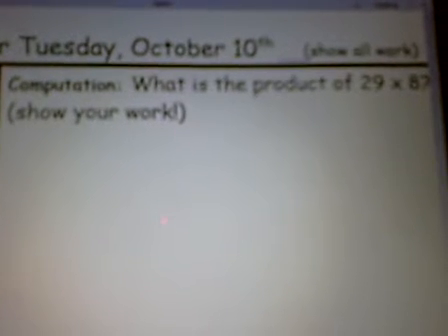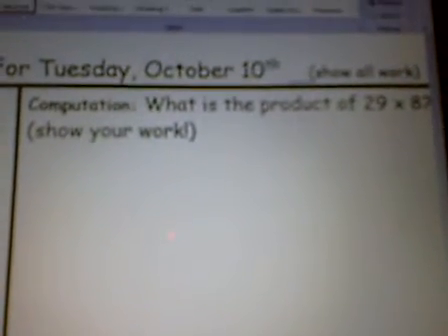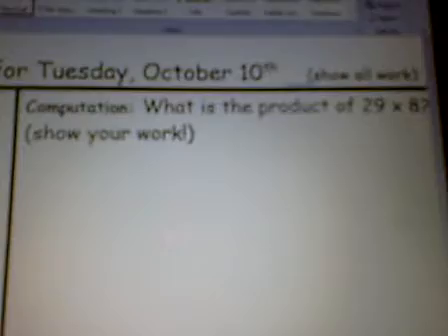Computation question number 2. What is the product of 29 times 8? Show your work. You can either show this traditional method or area model. Here's what that looks like. Notice how I'm showing all of my work on scrap paper. I have area model to the right and traditional to the left. Notice I expanded my numbers.